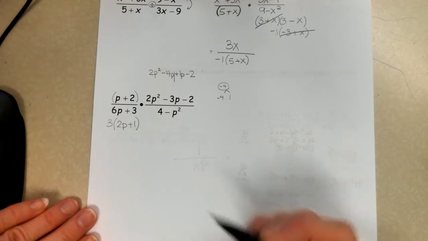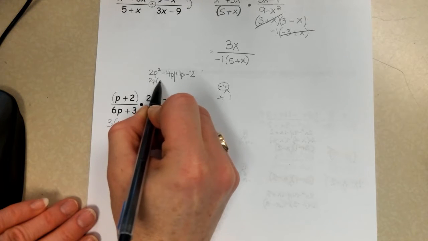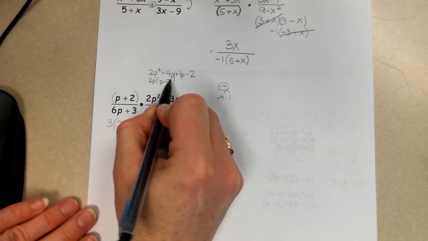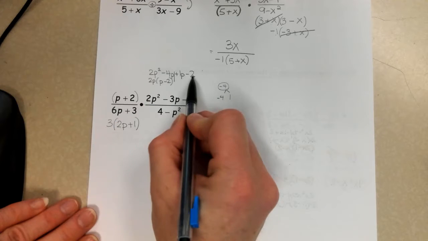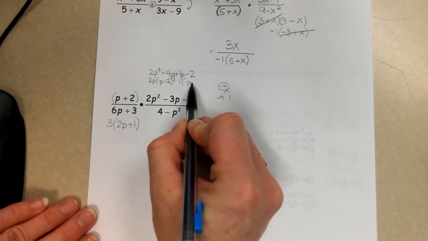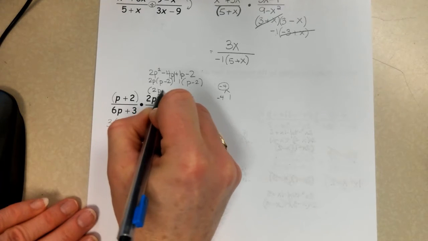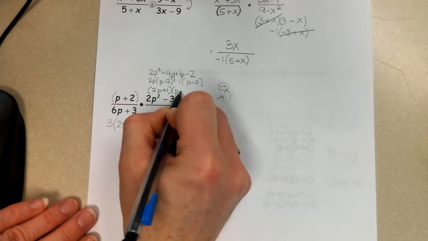Split it down the middle. Take out 2p. So we have p minus 2. And oh look, it already is p minus 2. So we would say our GCF was positive 1 just to hold the spot, right? So we'd have 2p plus 1 and p minus 2.